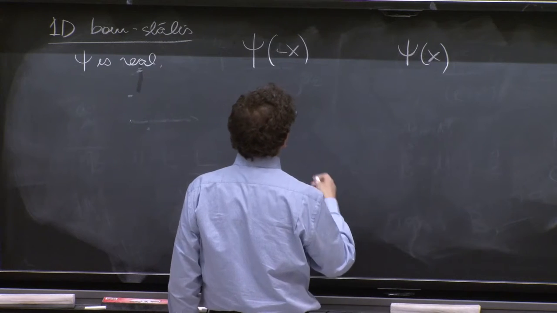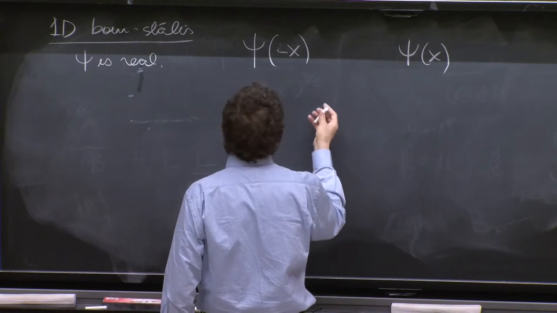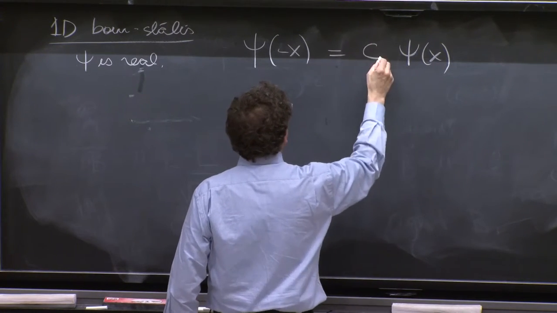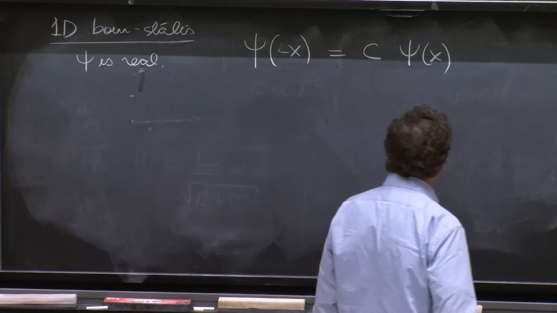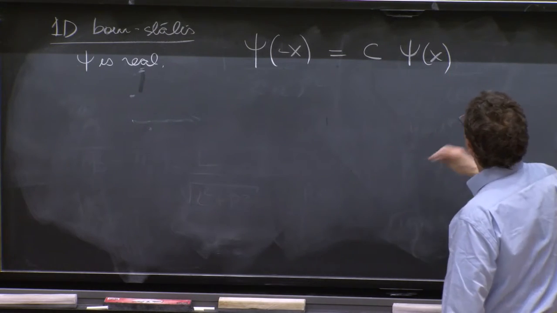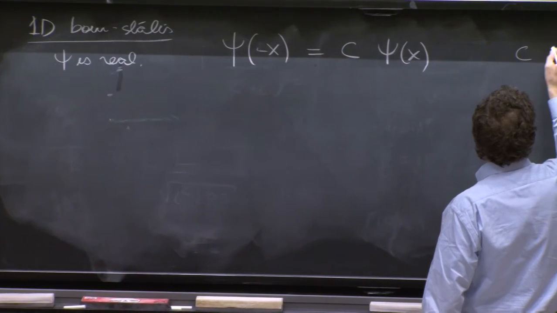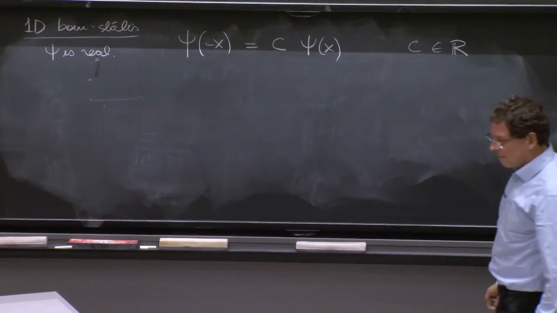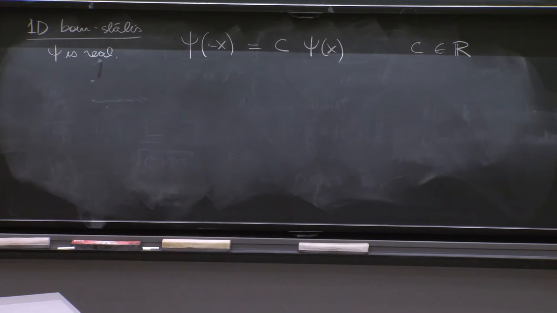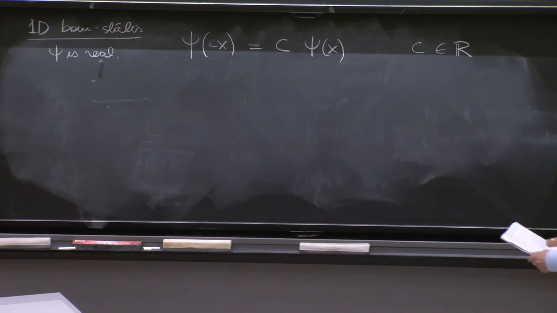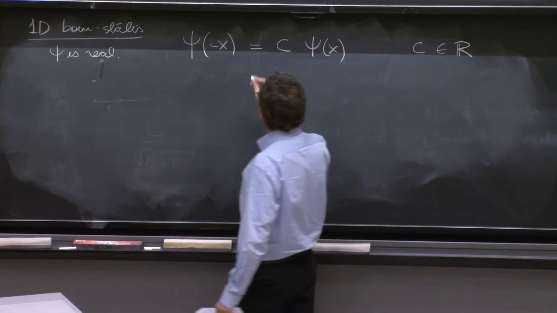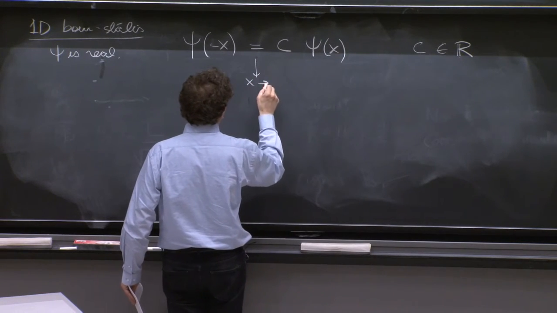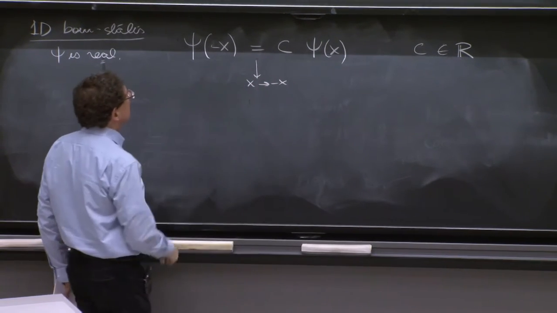There's no degeneracy for bound states. Therefore, these two must be the same up to a constant. That again, because psi is real, C is real. Let x go to minus x in this equation.